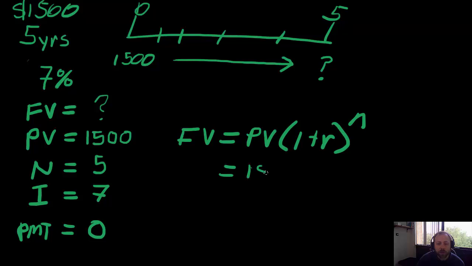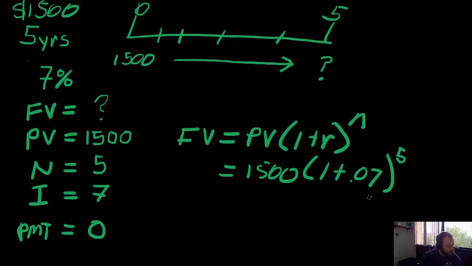So this is going to be 1,500 times 1 plus 0.07 to the 5. 5 is the number of years, 0.07 is the interest rate. Remember that we have to do this in decimals. When you're doing the interest rate the long way, you're doing it in decimals. We'll talk about the calculator in a separate problem. For now, let's just do it the old-fashioned way.